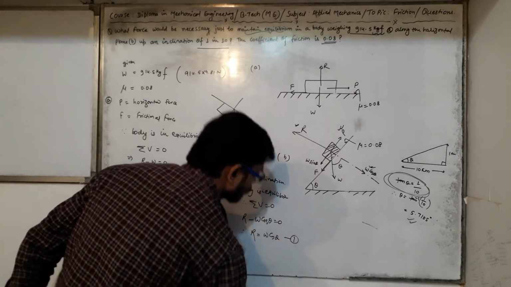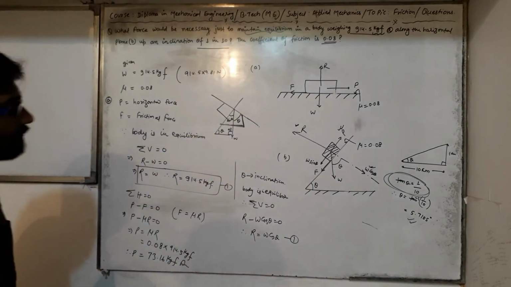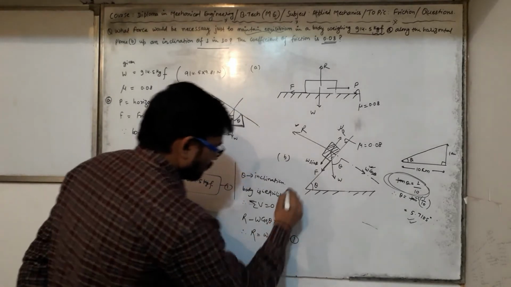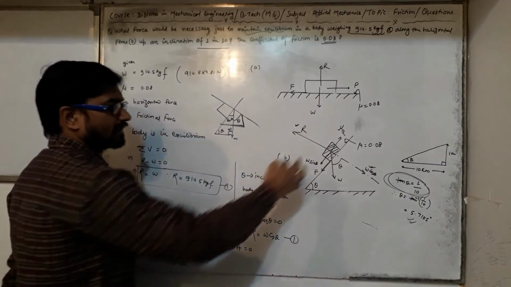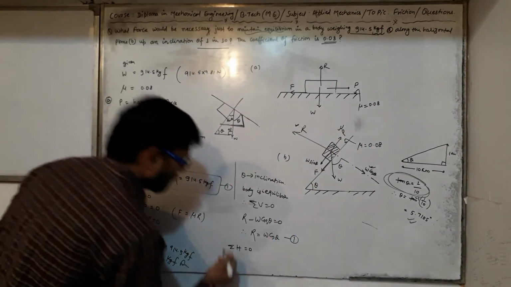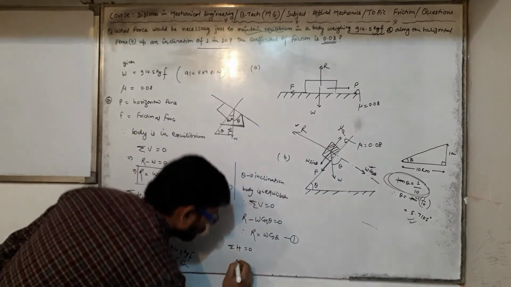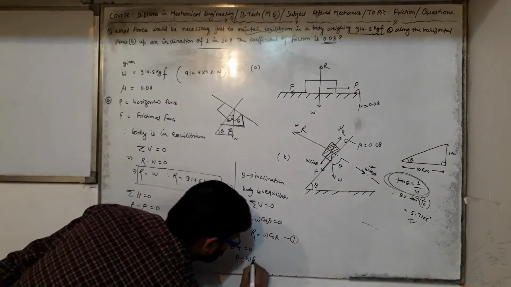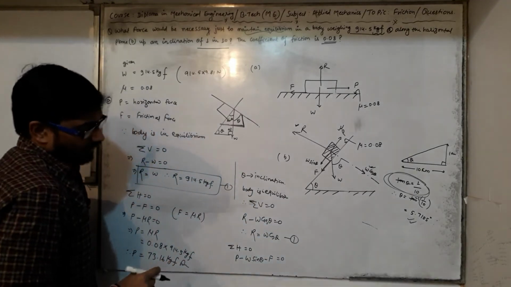Let us say it is equation 1. Okay, now next, the summation of all horizontal forces is equal to 0. Here there are three forces, P, W sin theta and F. So if I take P as positive, then these two would be negative. So P minus W sin theta minus F is equal to 0.